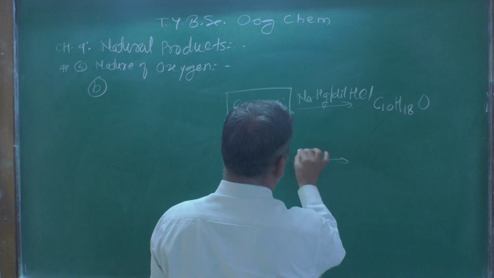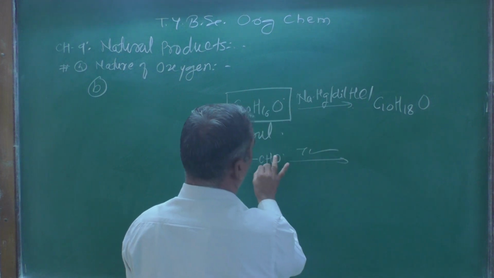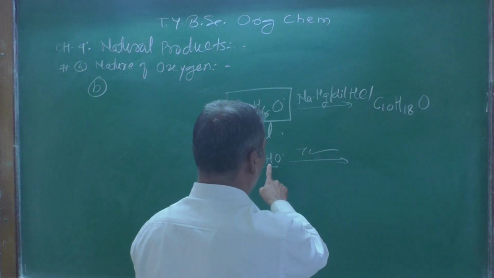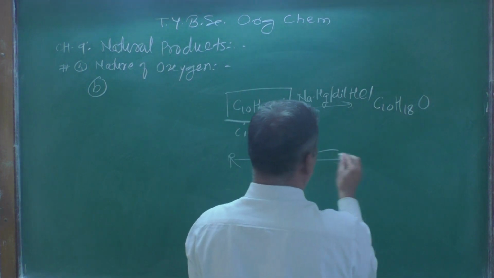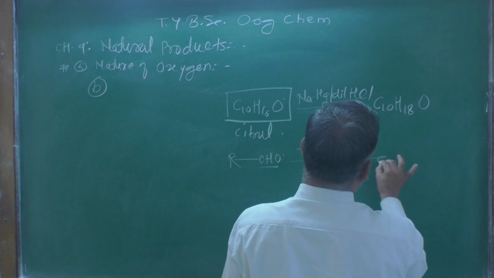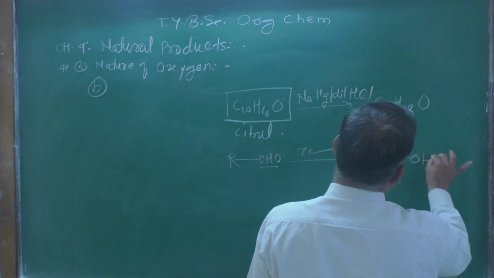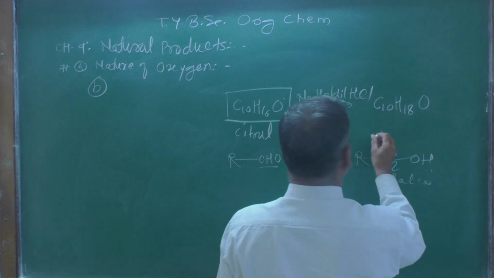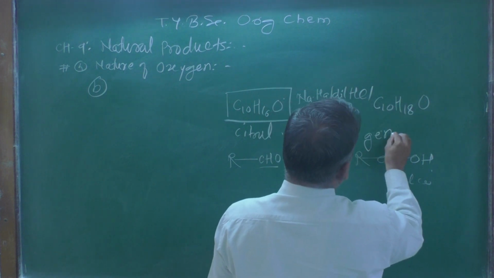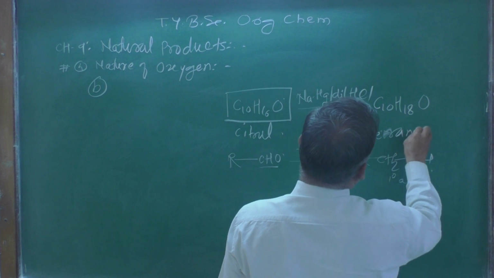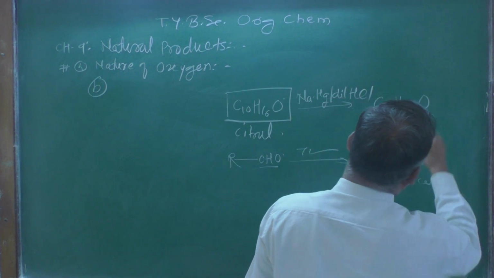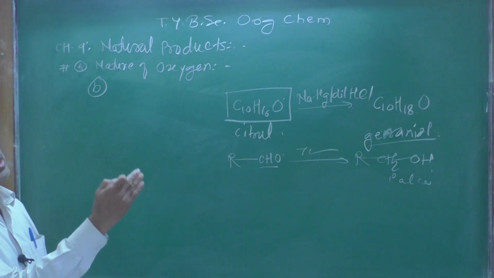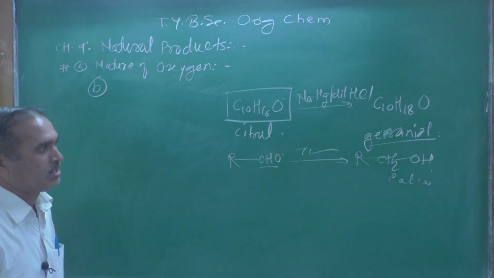The same reagent, when you treat it with citral, which we are assuming contains an aldehyde, must convert the aldehyde group into CH2OH. This is a primary alcohol, known as geraniol. Geraniol clearly indicates that the aldehyde group is converted into an alcohol.